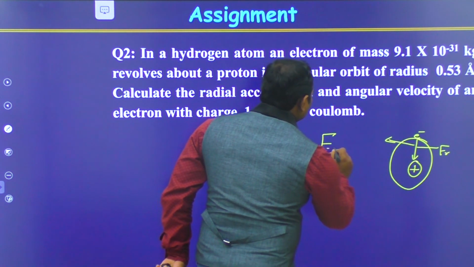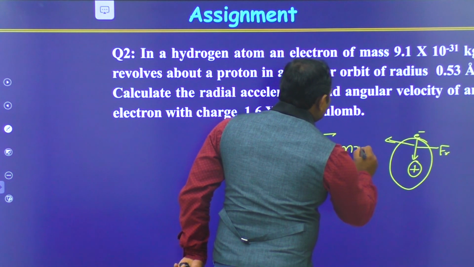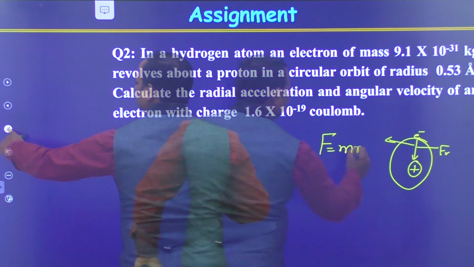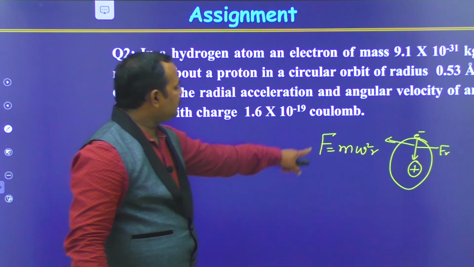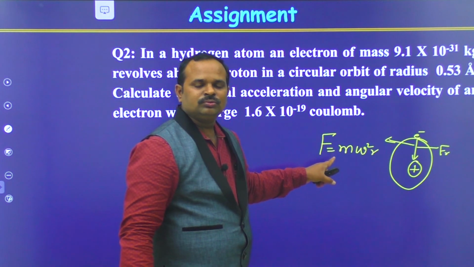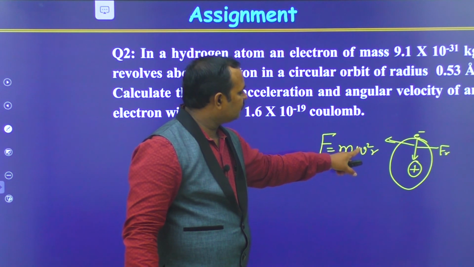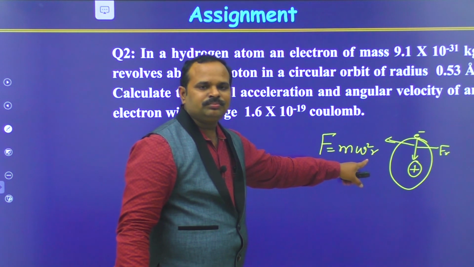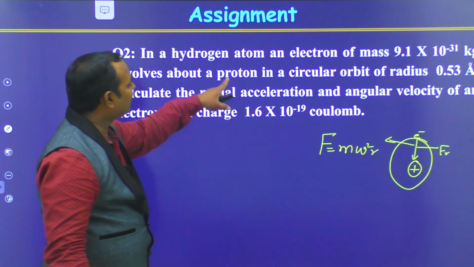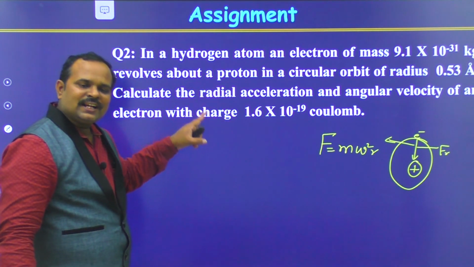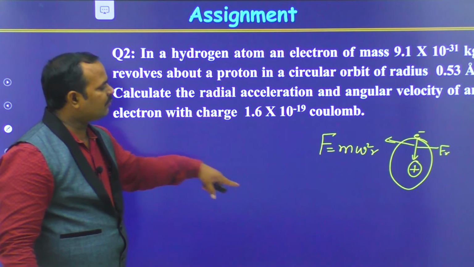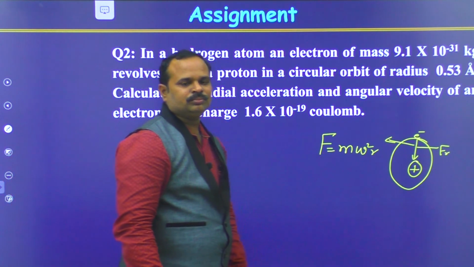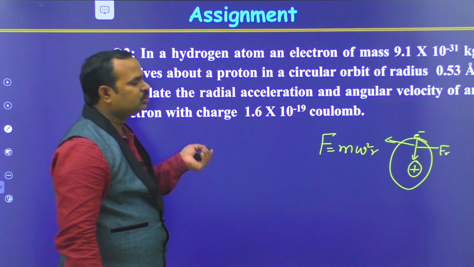F is equal to m ω² r. Now equate these two so that you get ω² r. That is the acceleration, the radial acceleration. From the radial acceleration you get again the angular velocity. So you have to use this kind of concept. So in this way you can do these two assignments.